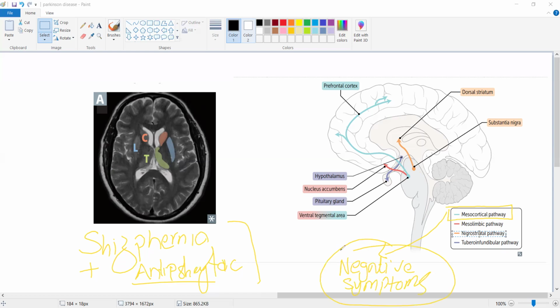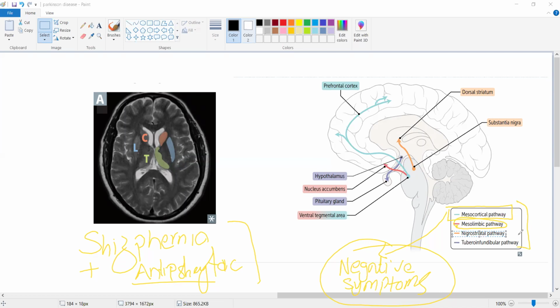Okay. And which pathway is responsible for the positive symptoms in schizophrenia? Mesolimbic. So these four pathways are dopaminergic pathways that are super high yield.